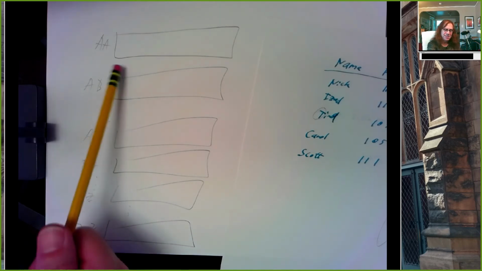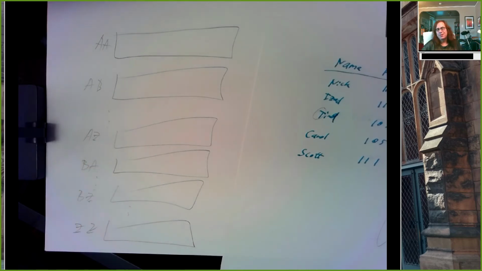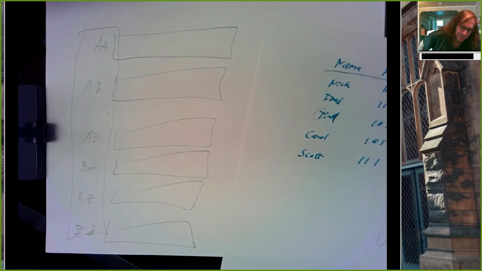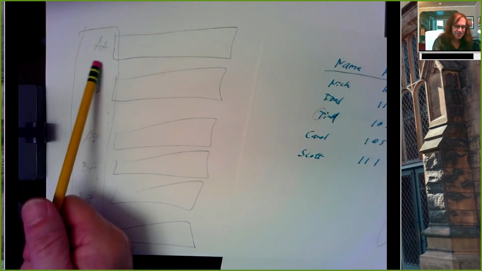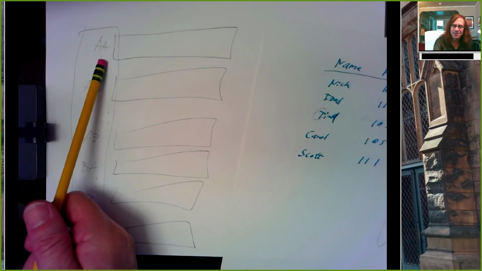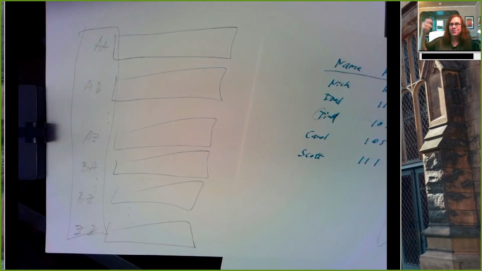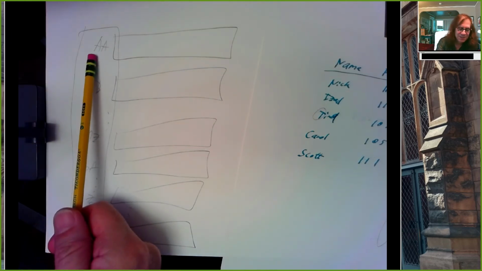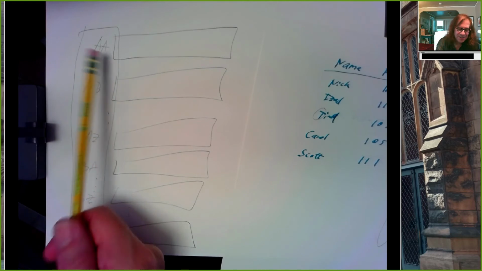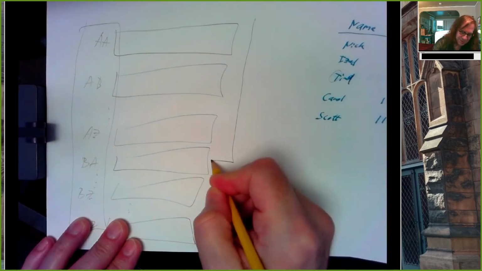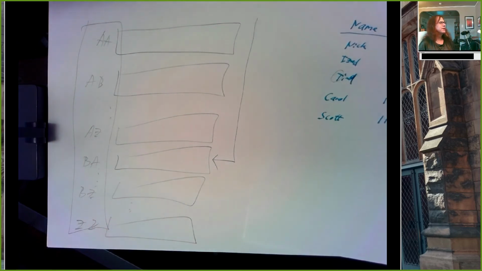Now, how do I get to one of these arrays? Well, I could put them in a big array. This could be an array of arrays. And so if I take the first letter and multiply by 26, and I add the second letter, assuming A is 0 and Z is 25, that will give me an index in my array of arrays.